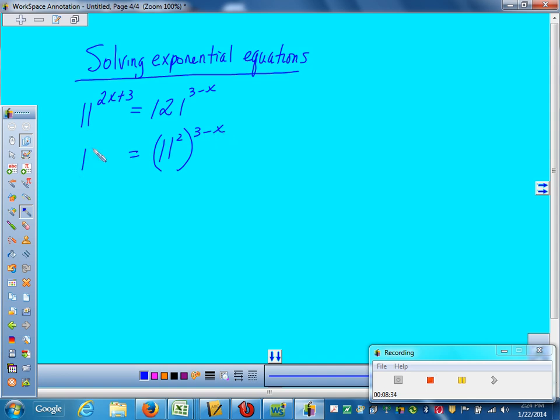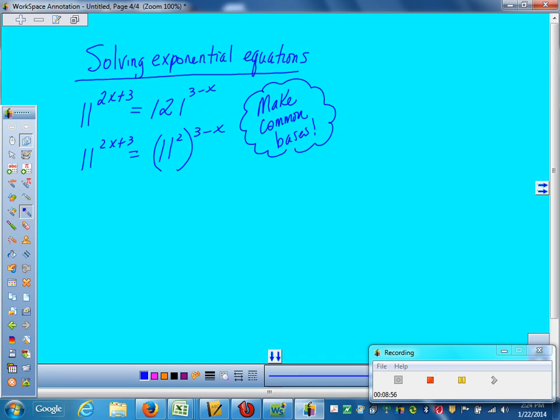This has got a base of 11. I would have changed them both into problems that have the same base. So that's the first thing you're always going to do. The key to these is to make common bases. You're going to hear me say that a whole bunch of times in this chapter.